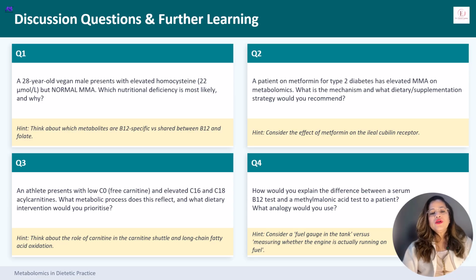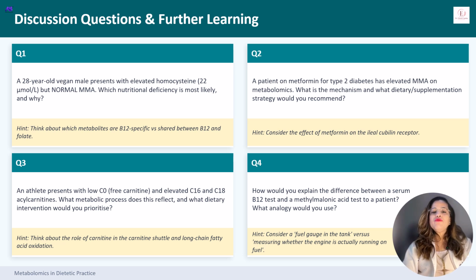Some questions for your brain test. Elevated homocysteine, normal MMA: folate or B6 deficiencies, not B12. MMA is B12 specific, so normal MMA equals B12 sufficiency. Homocysteine requires both B12 and folate.